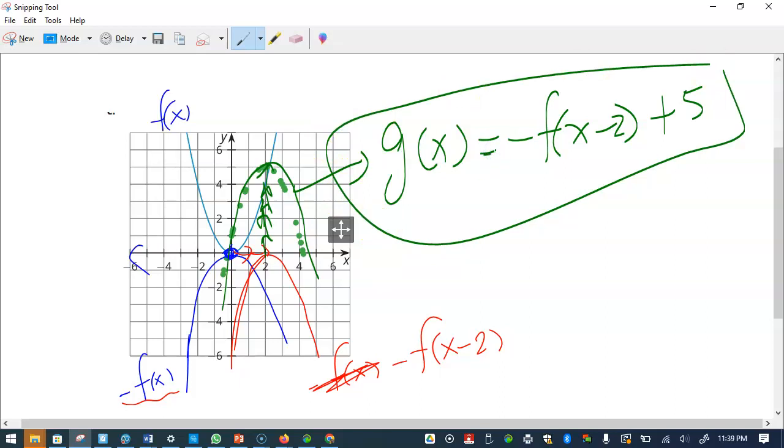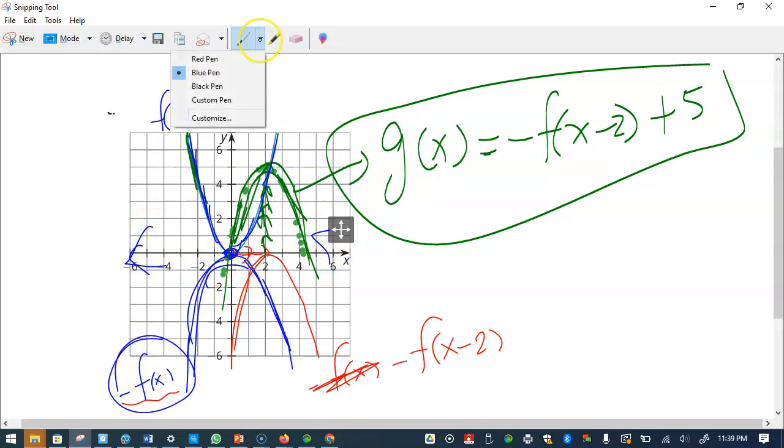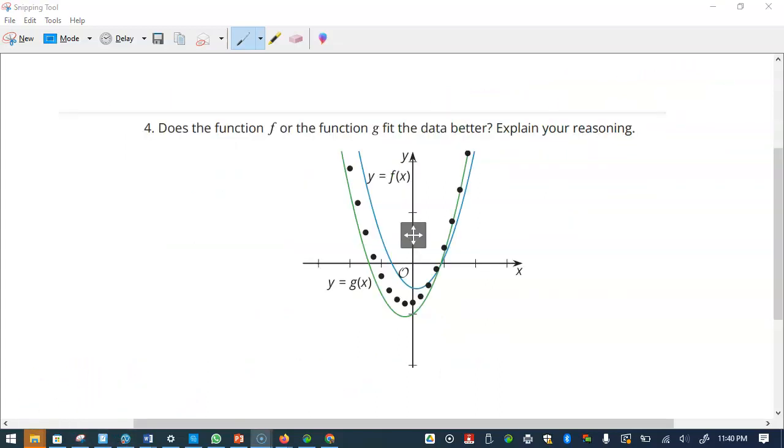So if you want to get from the blue graph to the final graph, you first reflect the blue graph over the x-axis. Then after reflecting, you get that expression. You move to the right and you get the red graph. And then after getting the red, you just shift it up. And that's it. Hope this helps.